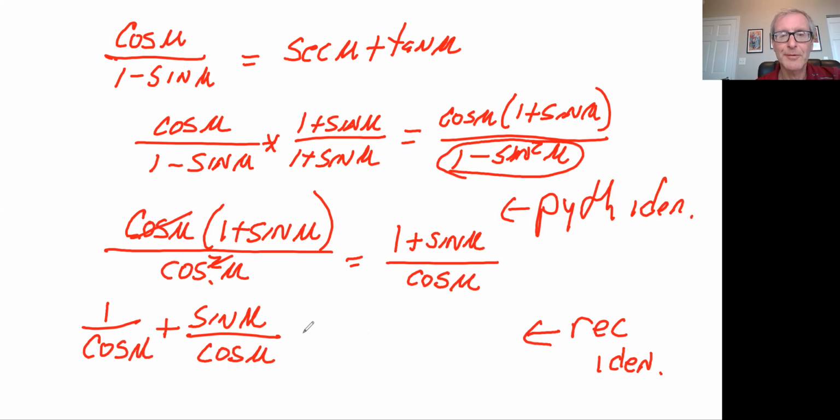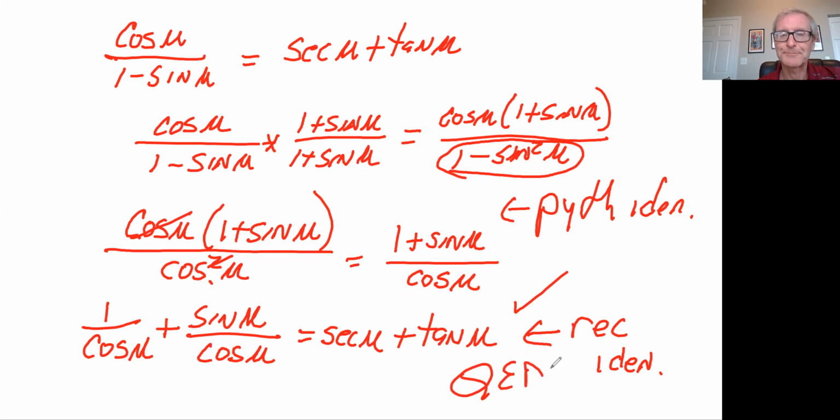And so 1 over cosine equals secant of u, and sine over cosine, hopefully we all know that, is tan of u. And there's another QED for you, and proof completed.